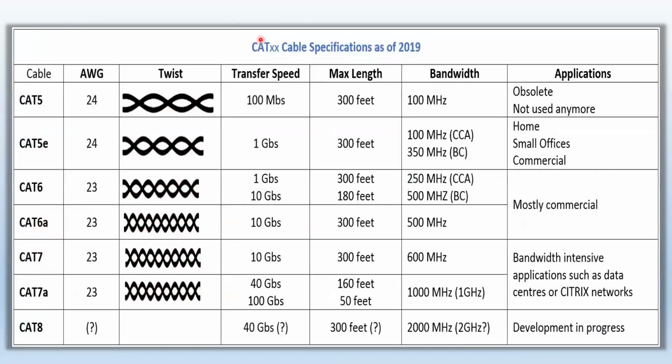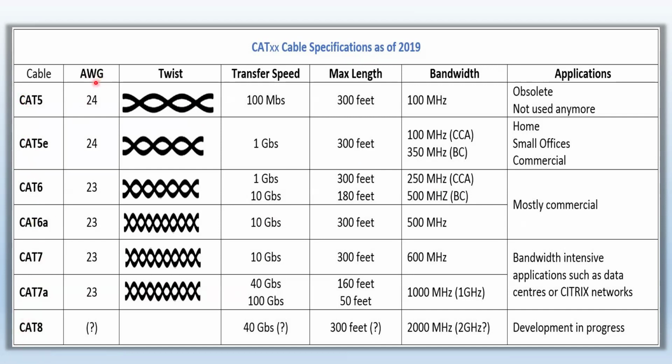Now, you want to keep that table here. There are two cables that I did not list, and I'll tell you about them. There are different categories of cable: Cat5, Cat5e, Cat6, and so on.